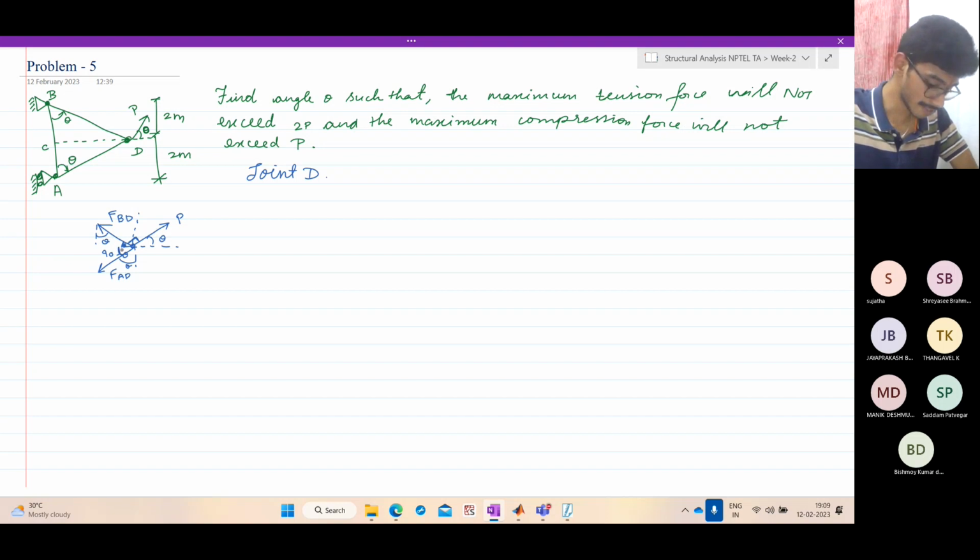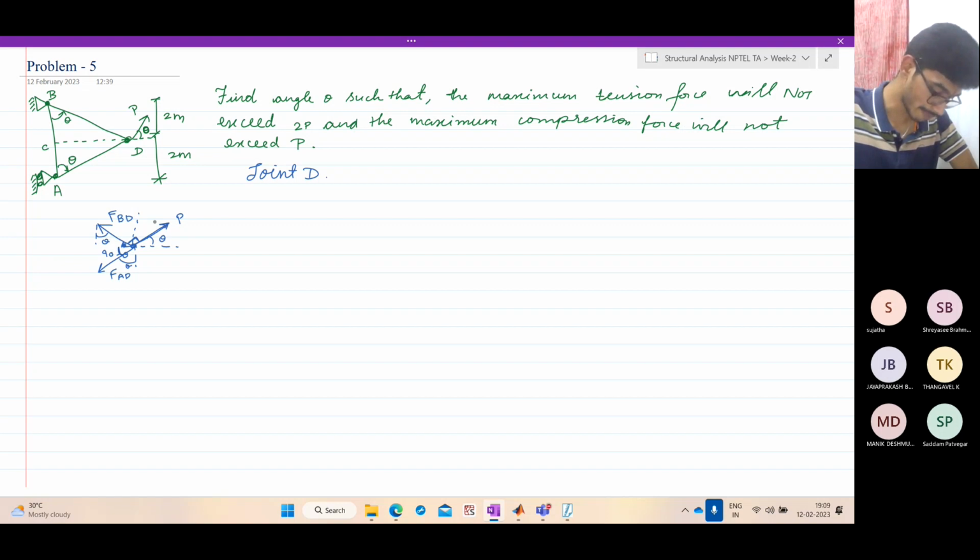So at joint D, the forces acting are P, FBD, and FAD. So let us enforce the equations of equilibrium. Now let me resolve the forces along this direction.